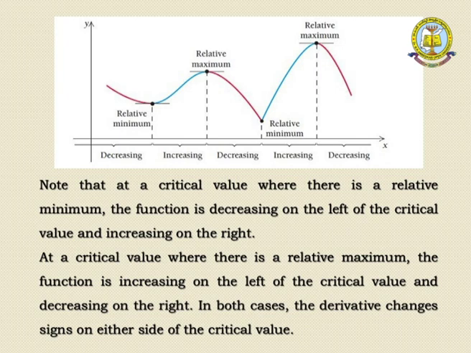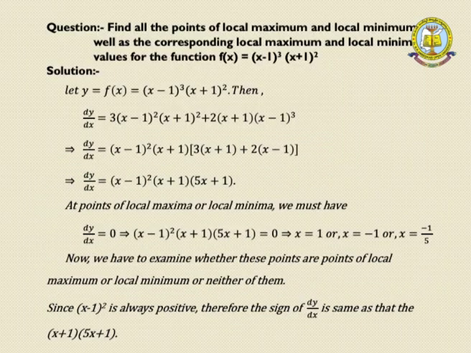Now look at these examples. Suppose you have a function f of x equal to (x minus 1) whole cube into (x plus 1) whole square. The first thing we have to do is find dy by dx applying the UV rule, and equate it to 0.